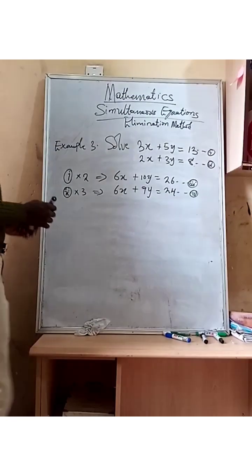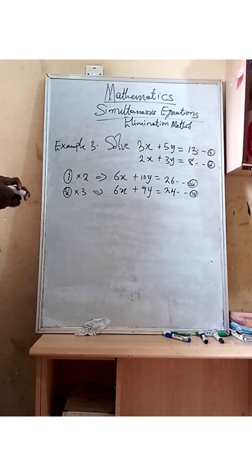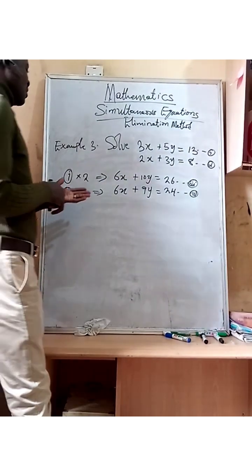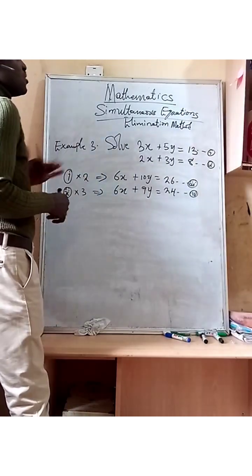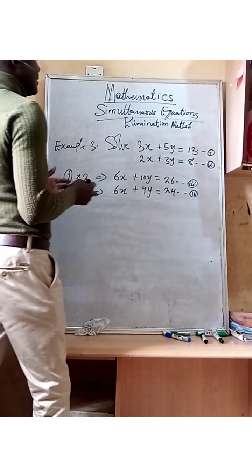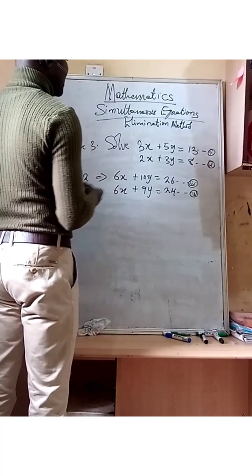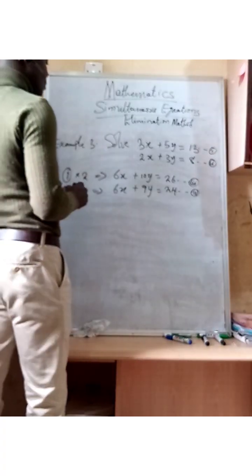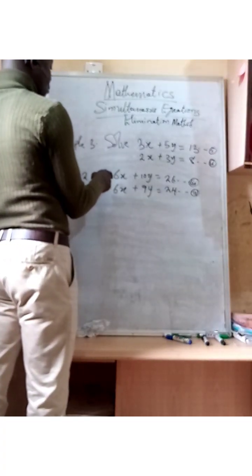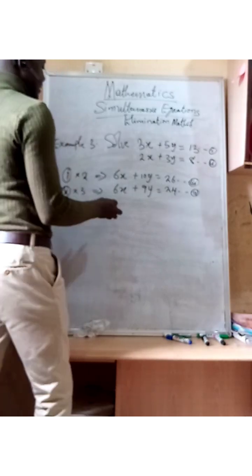Now, this is the only scenario in which we are expected to generate two new equations. In any case, we have obtained equivalent coefficients for one of the variables, which is x in this case.